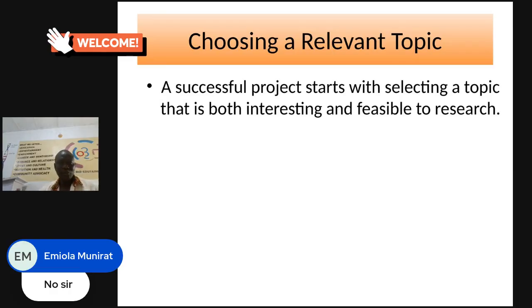It should be a topic that is going to involve practical work, where you use your hands to do it. You will not just conceptualize a topic as being interesting, and at the end of the day not be able to practice it in your locality. So that means you must be able to adapt it to your environment.